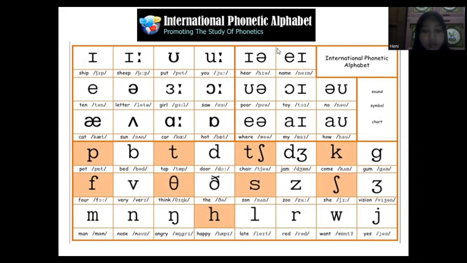Next, the W sound. The example is want. Next, the Y sound. The example is yes.